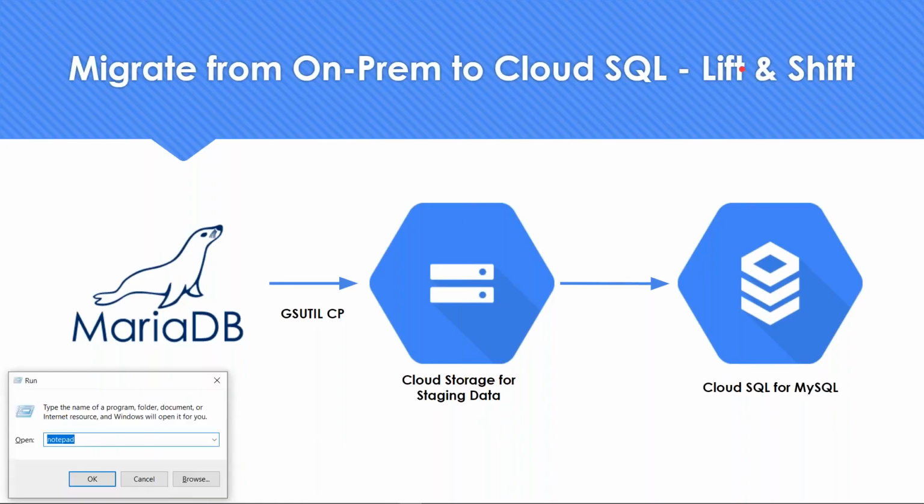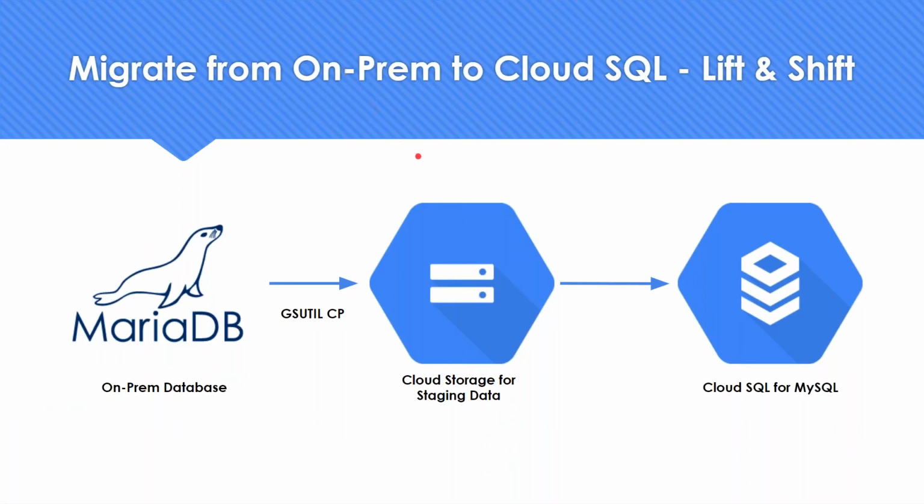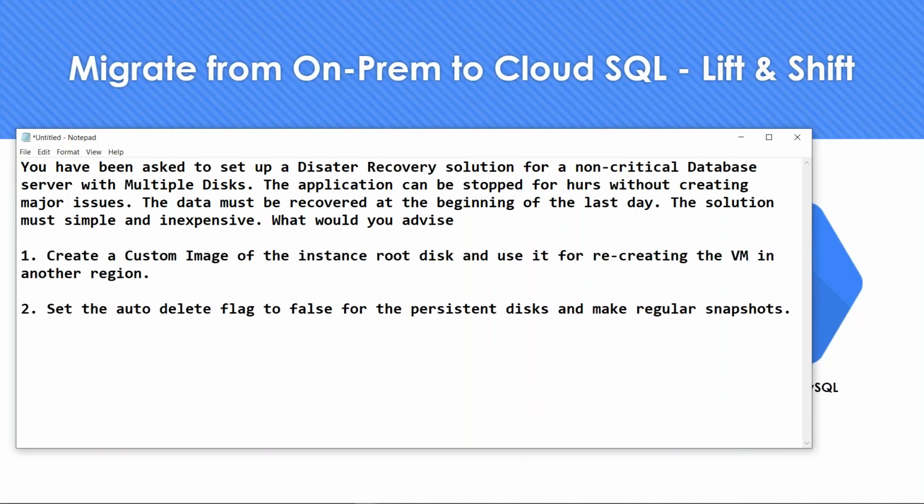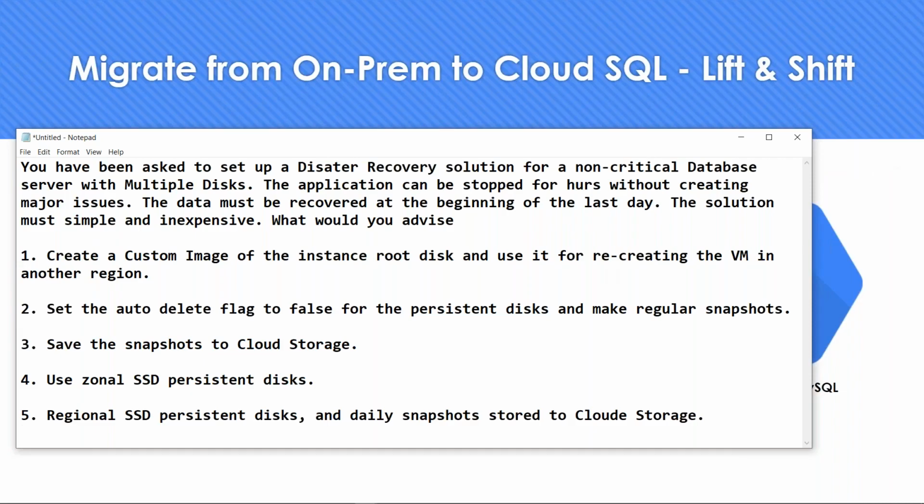Just post it in a notepad and let everyone evaluate what they advise. Actually, I'm a bit confused because an image cannot be created for all disks. That I am aware. Let me just do it. Now let me read this out.